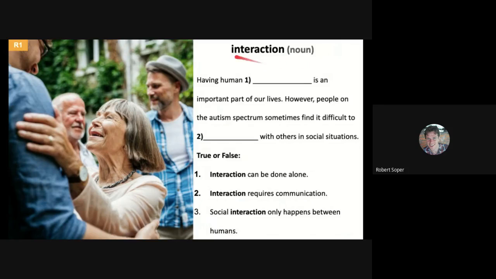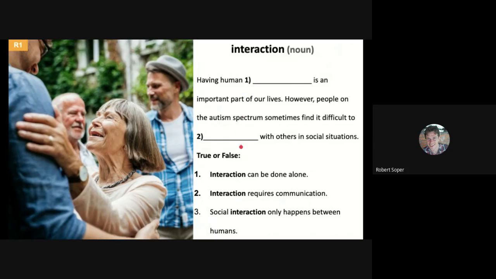So think about what different word forms this has, the different parts of speech used for interaction. When you have them in mind, read this paragraph and then decide what word would best fit in the space, an adjective, verb, or noun. Then write in the correct form of the word interaction in the space.